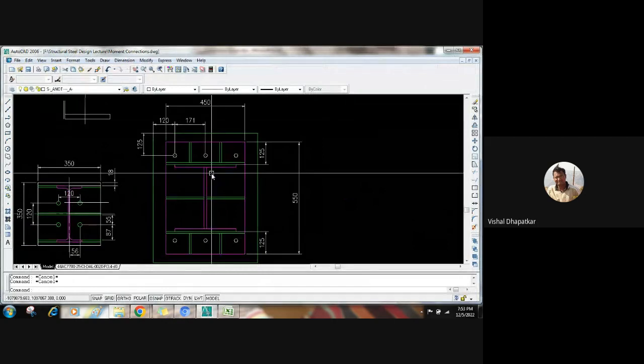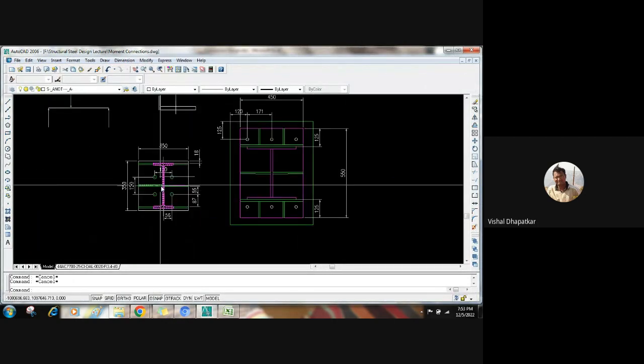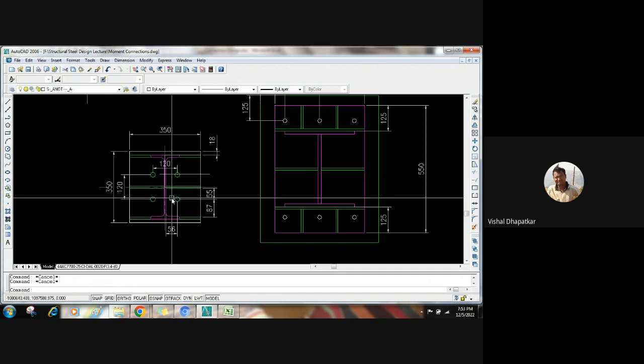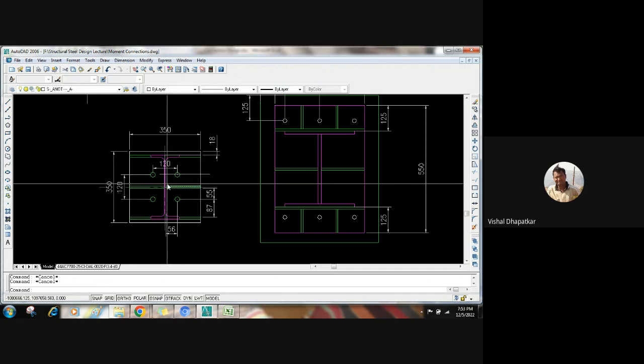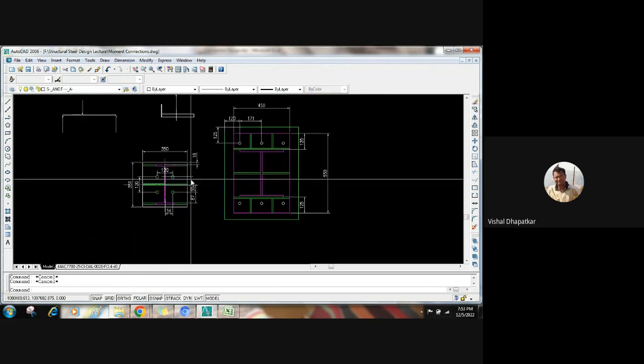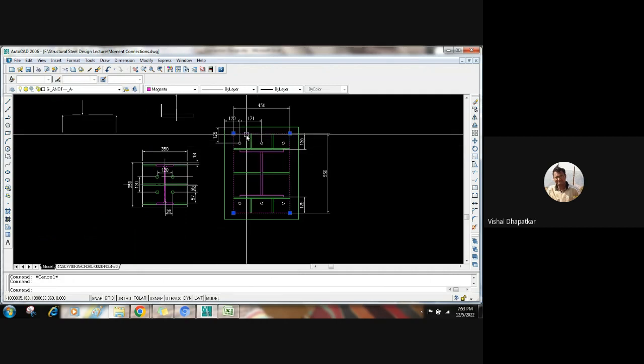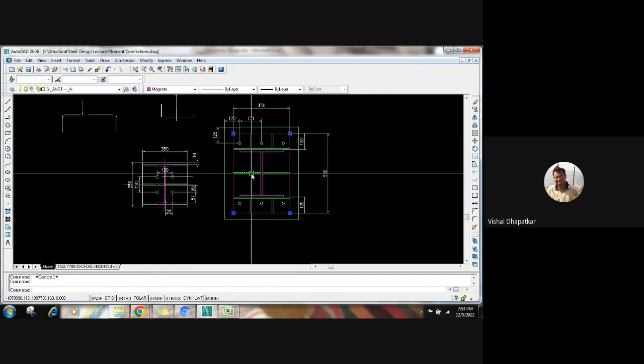So it is quite simple to calculate the base plate thickness. If you don't need to pass on the shear to the anchor bolt, you just provide a shear lug at the bottom that will take care of all the shear on the anchor bolt. You just need to design the anchor bolt for the tension, and the base plate you have to design for the base pressure and tension in the bolt.